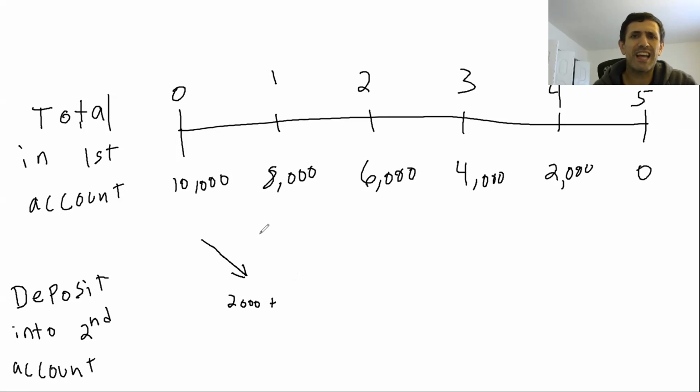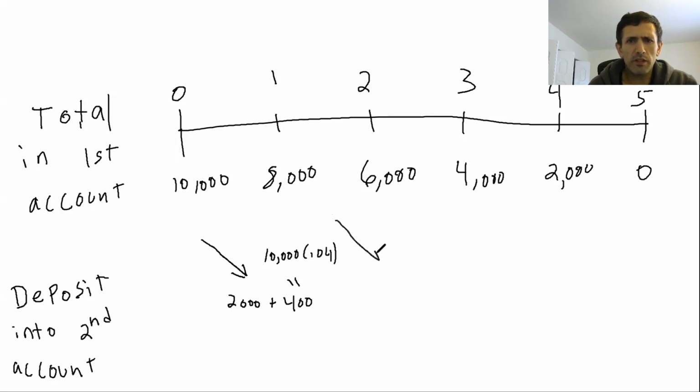The first account earns 4% annual interest. So we just have 10,000 in the account. That earns 10,000 times 0.04, which is $400 interest in the first year.